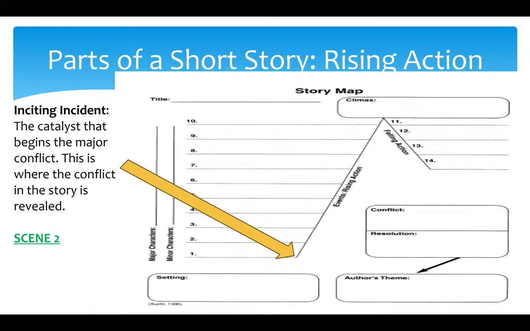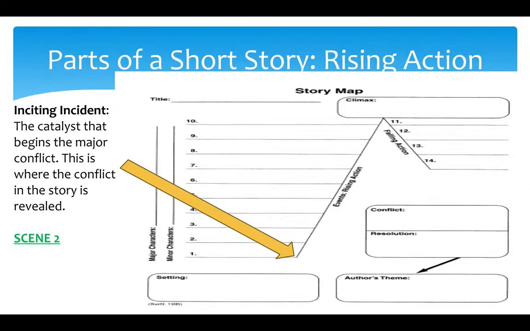The inciting incident is your second scene. It's that really first portion of the story where the conflict or the problem begins. It's where the conflict is revealed. There's again, the problem that your character is going to have to try to solve, or at least is going to have to try to overcome.